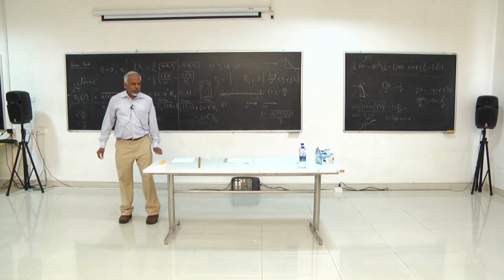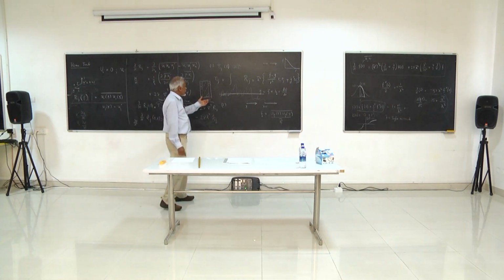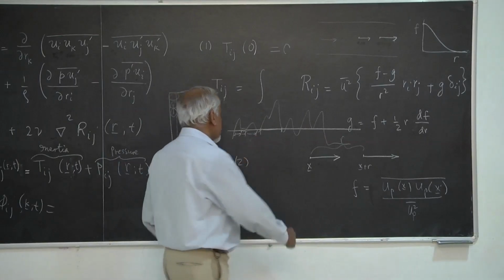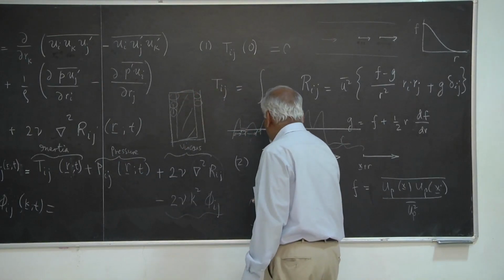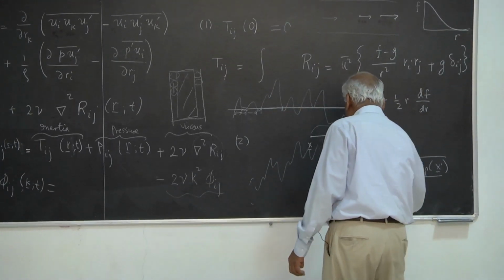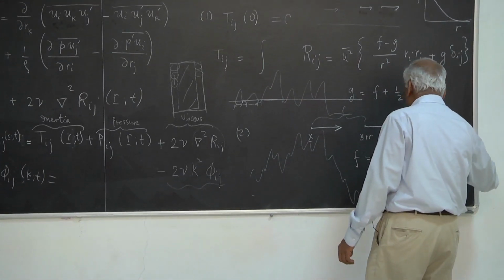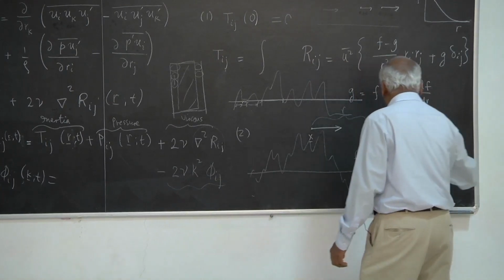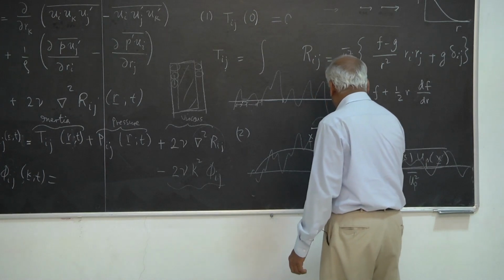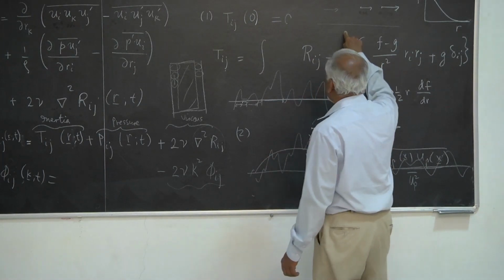Now, it's neither the smallest scale in the flow nor the largest scale in the flow. The larger scales may be, for example, if your signal is like that, the larger scale would be maybe like that, and that's what you get from f of r.